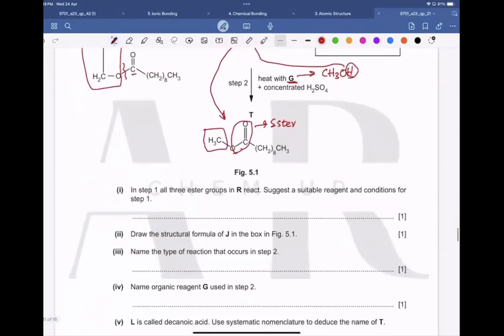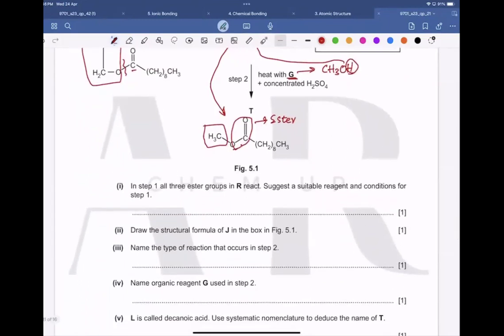Okay. Now, what they are saying in step 1, part 1: all the 3 ester groups in R react, suggest a suitable reagent and conditions for step 1. So for this kind of reaction, we can write any acid. Yeah, it's acidic hydrolysis. Yes, Umar, very good.